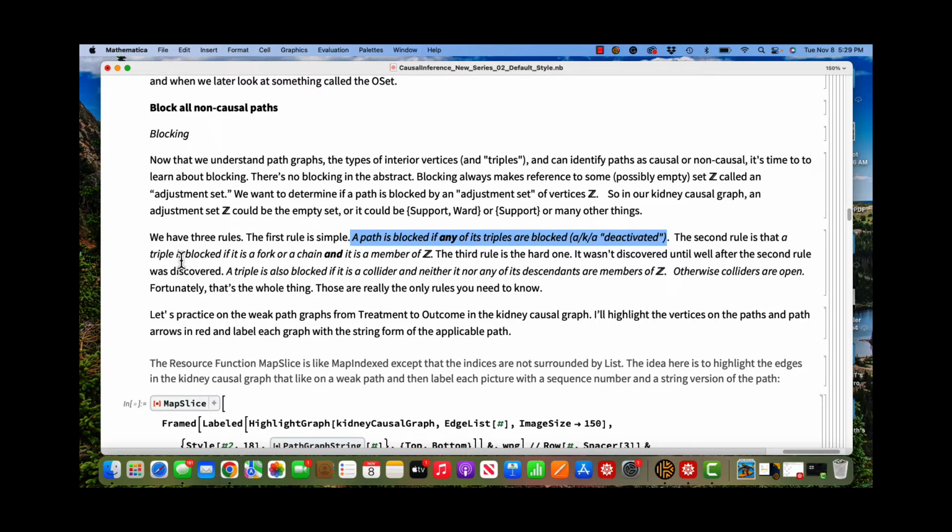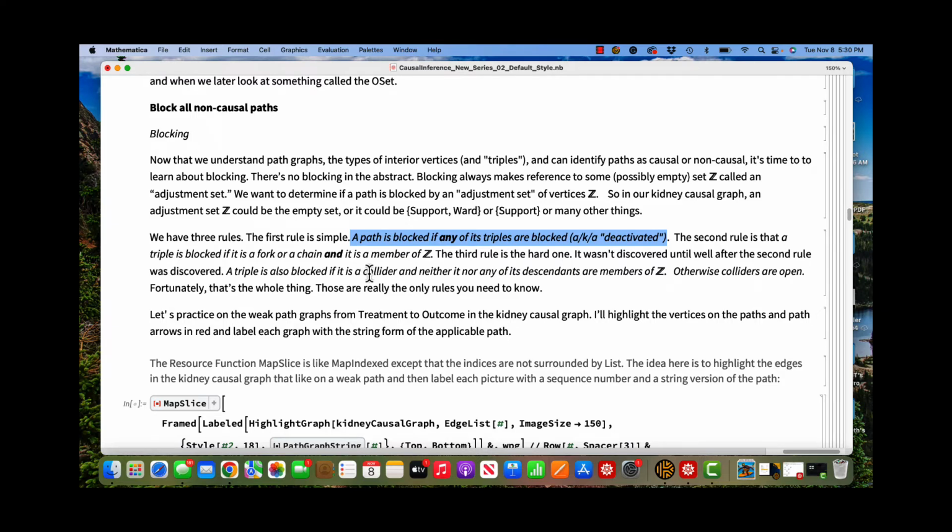Second, how do you block a triple? You block a triple if it's a fork or a chain, and it's a member of that set Z. So if you have a set Z and it hits a fork or a chain, those vertices are blocked, and any path that contains them is blocked. All right, so that's the second rule. The third rule is the hard one: a triple is also blocked automatically if it's a collider.